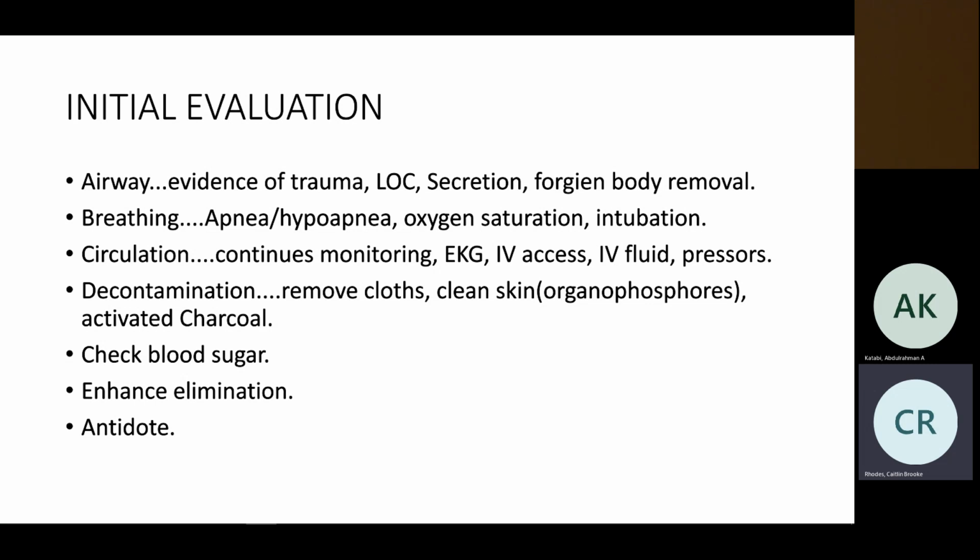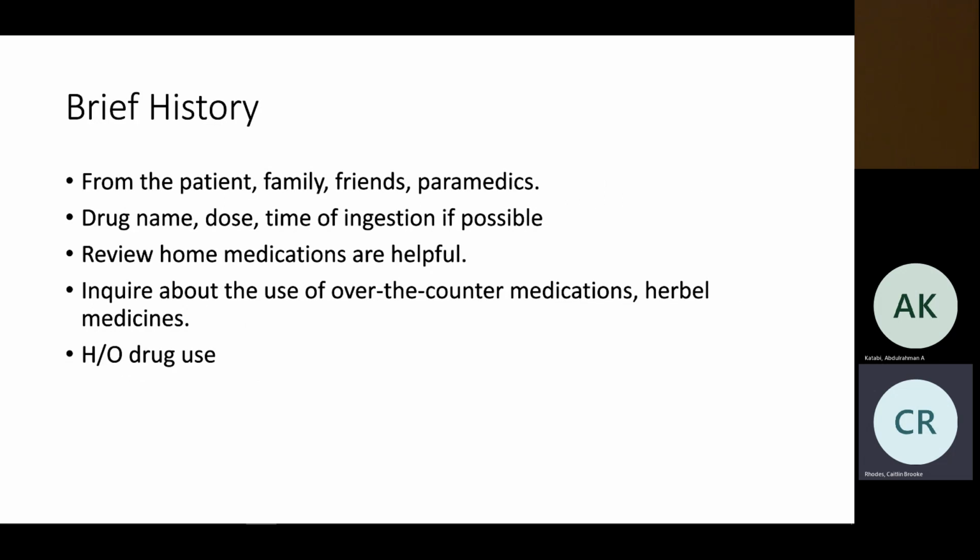And then enhanced elimination, most commonly they give activated charcoal. If the patient came early, usually within 1 to 2 hours, some recommend whole bowel irrigation. Then see, depending on what kind of poison, if there is any antidote that can be given.